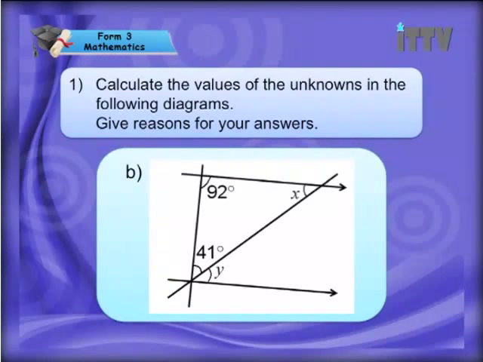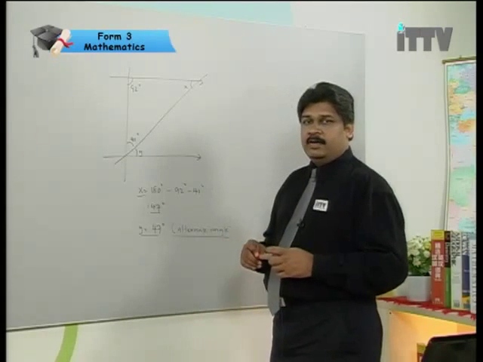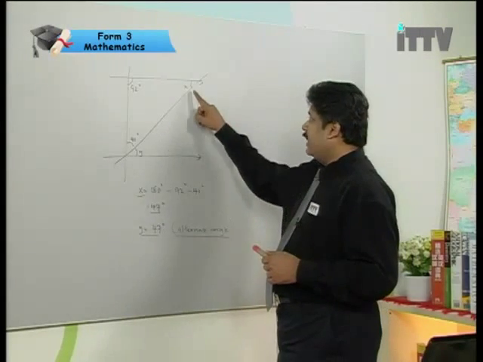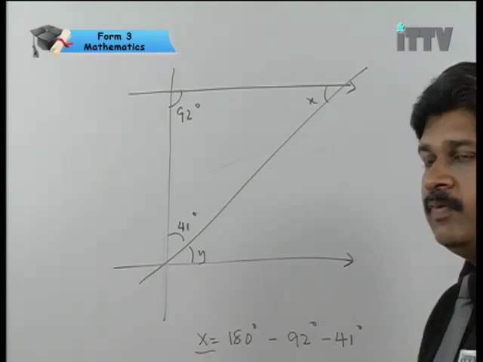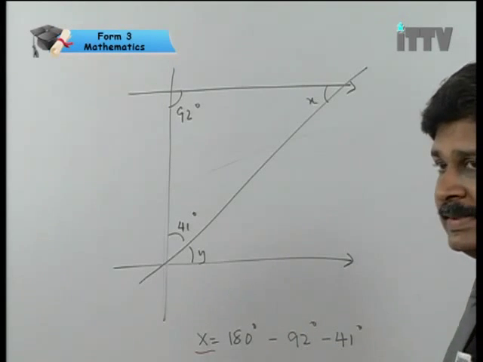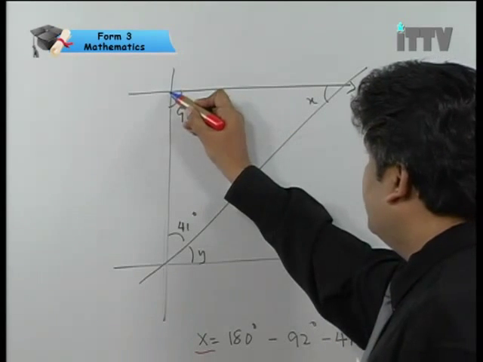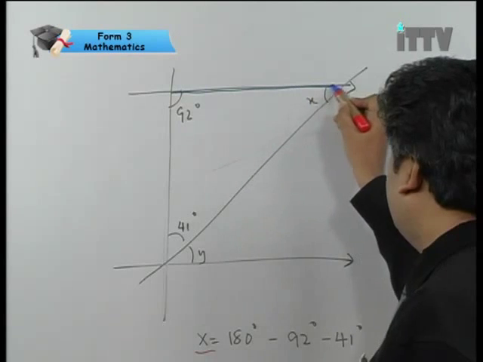Calculate the values of the unknowns in the following diagrams. Give reasons for your answer. Well, boys and girls, in our next question, we are required to find the value of x and the value of y. Firstly, let us look into x. If you look very closely, I can observe that there is a triangle being formed here.